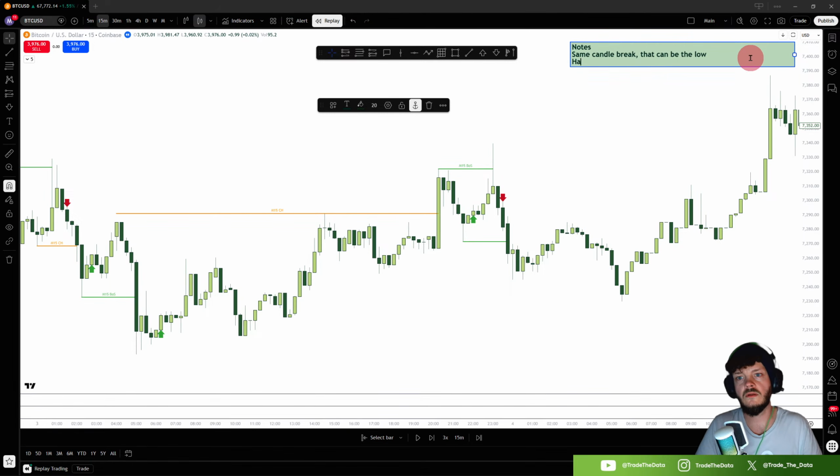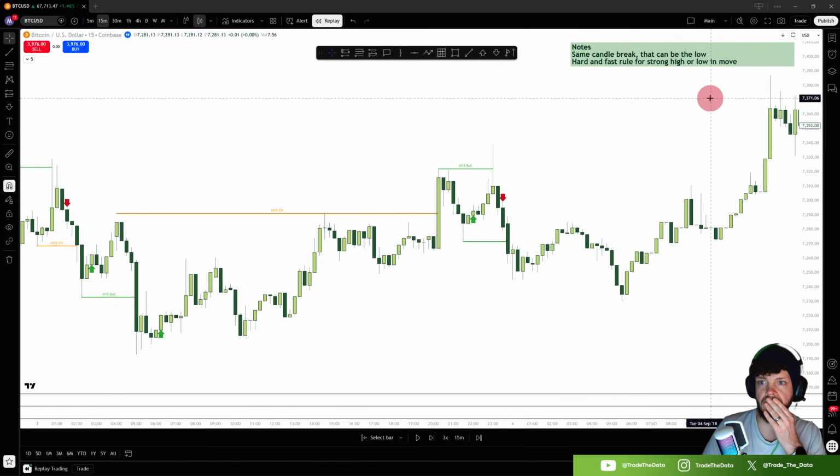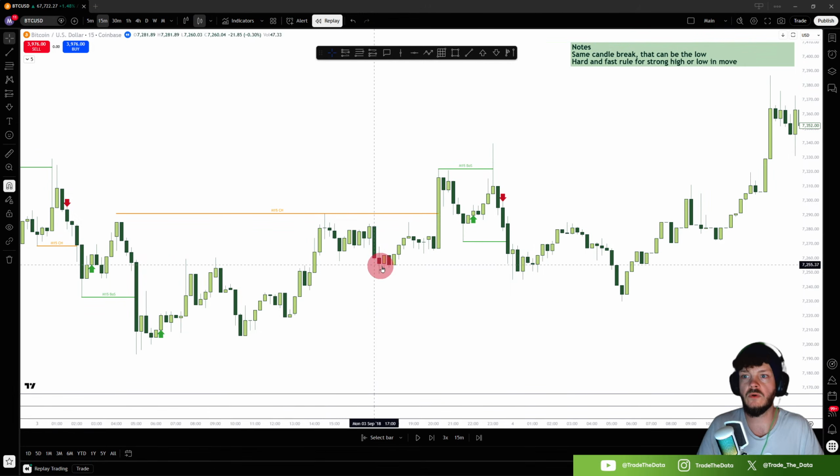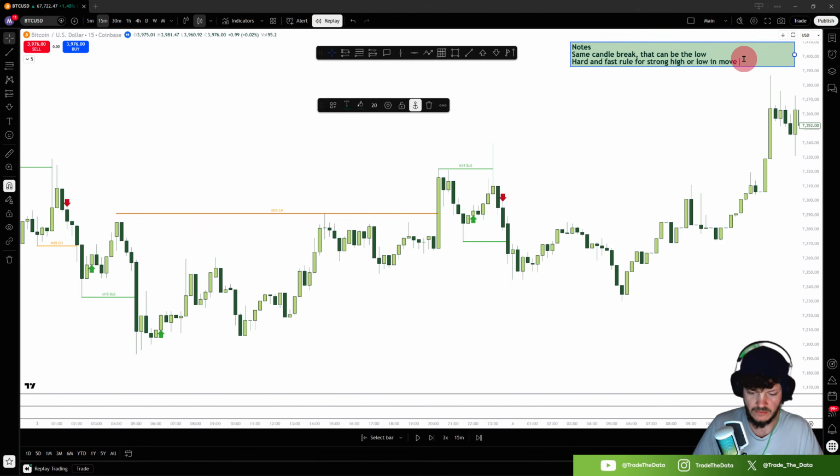So, hard and fast rule for strong high or low in move. I'm going to add that to my rule set. Make a decision, stick to it. What it does mean is when I go through and backtest the wicks, we'll be looking out for this.